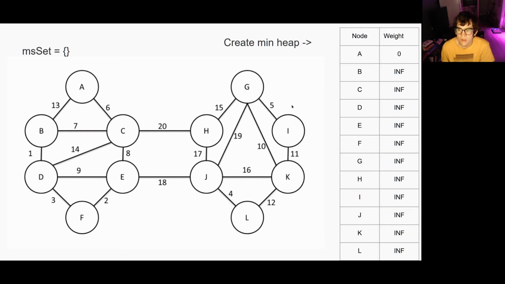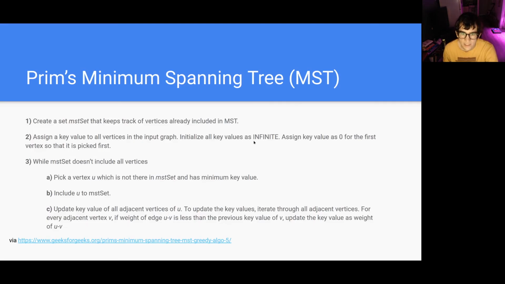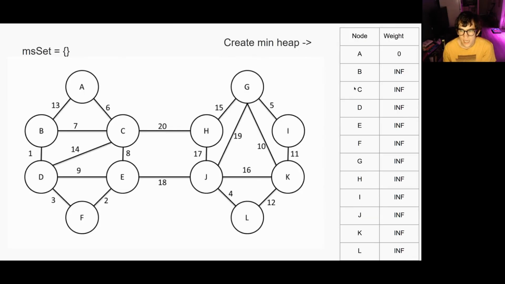I set all of the weights to infinite, besides the first vertex, and you can pick any vertex here. It's an arbitrary first vertex. I just chose A because it's in chronological order. So let's go ahead and get started using this algorithm.